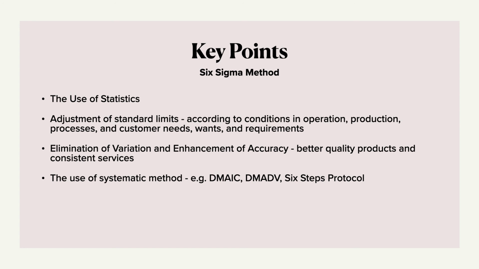Then this Six Sigma method is very powerful because it really eliminates variation and enhances accuracy. So we can produce better quality products and we can deliver services consistently. And don't forget to use the highly disciplined method DMAIC, DMADV, and six-step protocol, and so on. And that's all we have to know for the Six Sigma method as an overview.